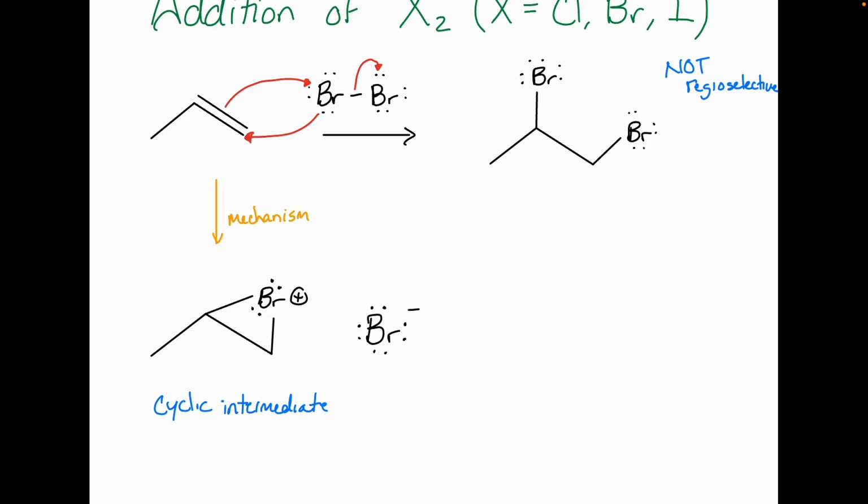All right, so just to be clear, just to illustrate this a little bit better, remember this first arrow that I drew is that bond breaking and formation arrow. So this bond is going to break and form a new bond with that bromine here, right? So this arrow represents the formation of this bond in my triangle.